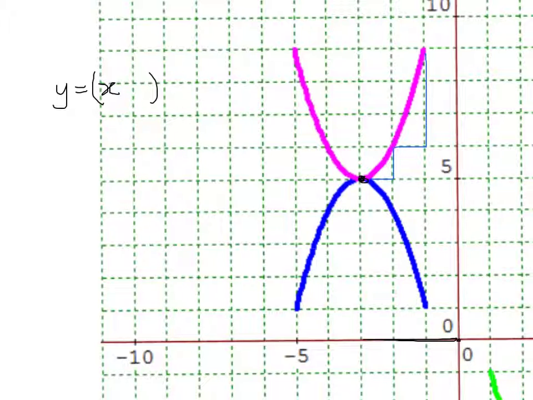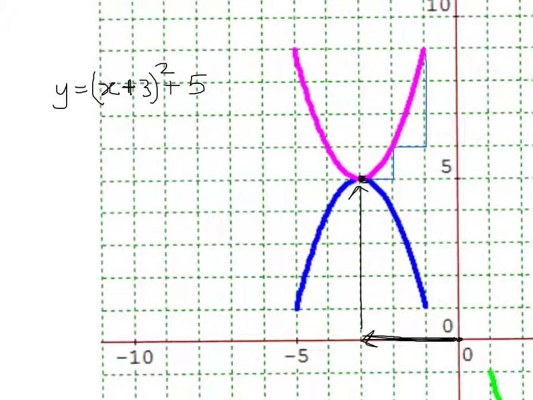This vertex started down at (0, 0), and it moved across 3 to the left. And so we're going to say that's going to be +3. Even though it's going kind of to the negatives, it does the opposite to what you think. y equals (x + 3) squared. And then it moved up 5, so we do a +5.